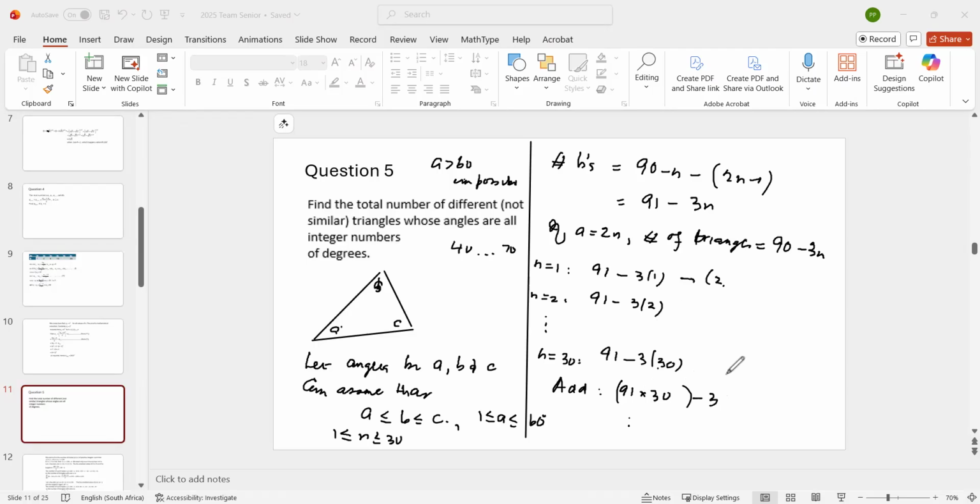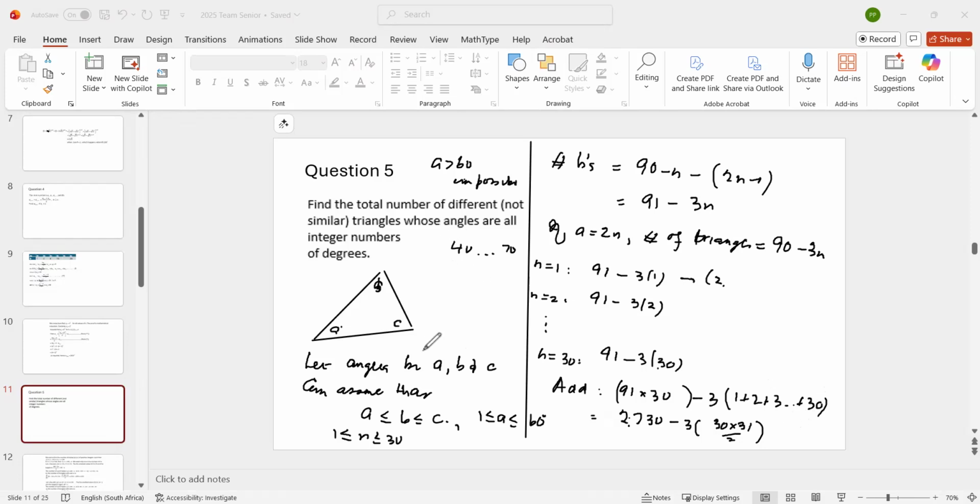Now here you can take out 3 as a common factor, minus 3 into 1 plus 2 up to 30. And this is 2730 minus 3. Now the sum of all the numbers from 1 to 30 is 30 times 31 over 2, right?